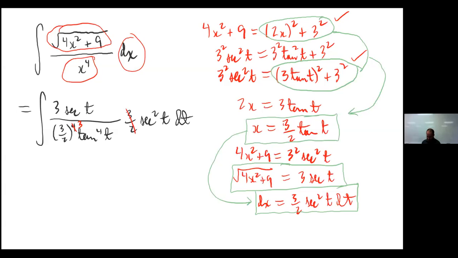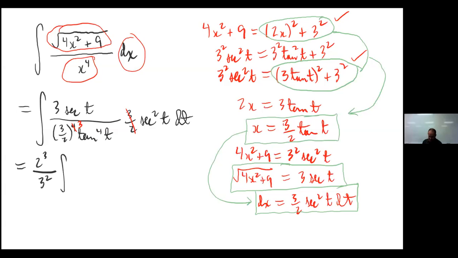I can cancel the top 3 with another 3. And what I'm going to end up with is how many 2's? I could invert the 2's. How many 2's do I have? 3. So it's going to be 2 cubed. And how many 3's do I have left after the cancellation? 2. I'm just carefully tracking things.